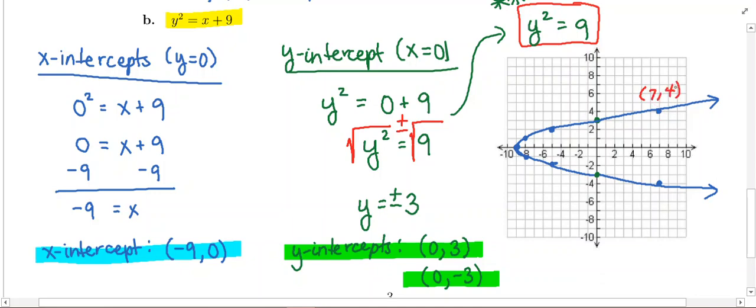We know that if a graph has x-axis symmetry, that means the point in which the x-coordinate remains the same and the y value changes sign should also be on the graph. So if we're looking at 7, 4, that means that 7, negative 4 should also be on the graph, and we see it right here. So that confirms that this particular graph does have x-axis symmetry.